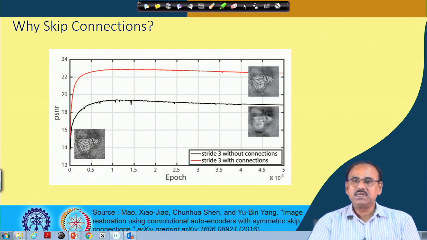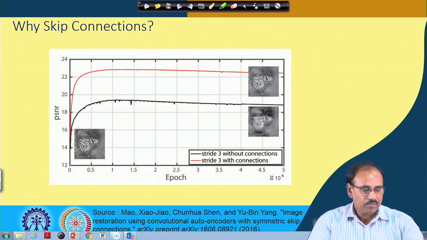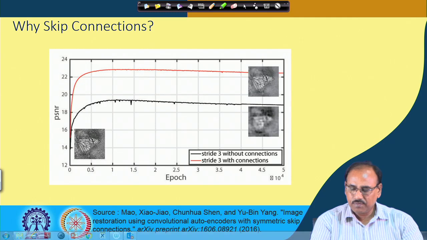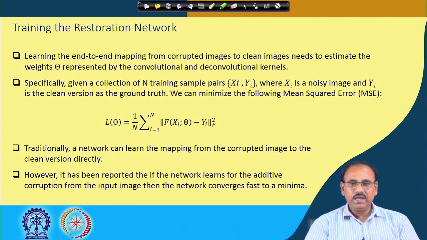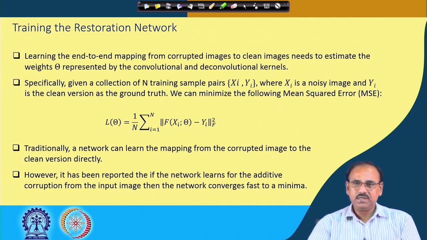So, you compute the error between the reconstructed image and the clean image, and using backpropagation and gradient descent you try to minimize this error. The error function in this case will be something like this. My input pair is xi, yi, where xi is the noisy image and yi is the clean image, and what my network gives is a function of xi and theta, where theta is the network parameter.